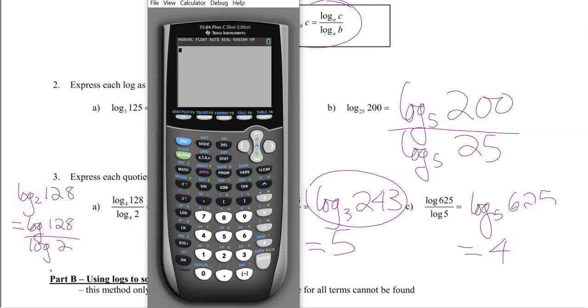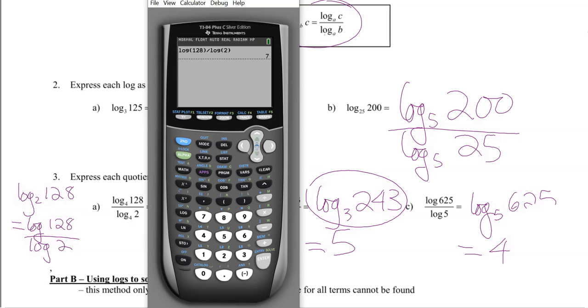For some of you, if you have the older calculator, this is the only way to do that. So if you have log base 2 of 128, you can type in log 128 divided by log 2. Hit enter, there's our 7.